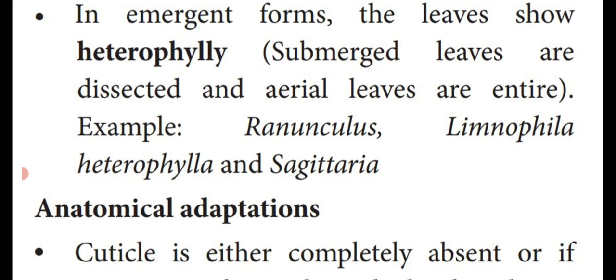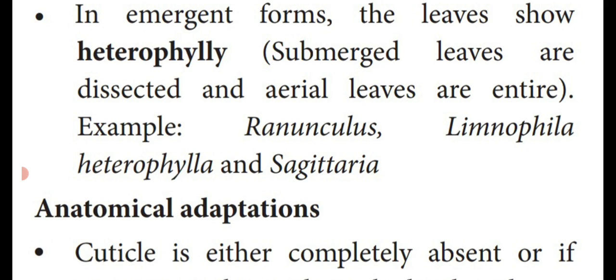In some of the emergent forms, emergent means rooted emergent hydrophytes, amphibious plants, the leaves show heterophylly. That means two types of leaves are present. Submerged leaves are in the form of dissected ones, that means different branches, looking like a palm with fingers.